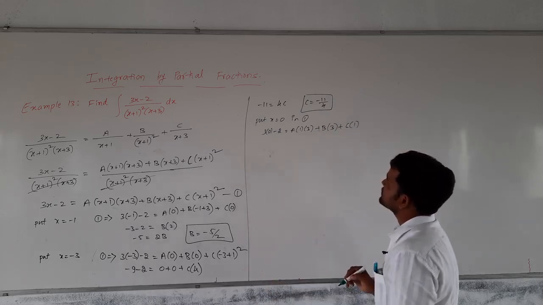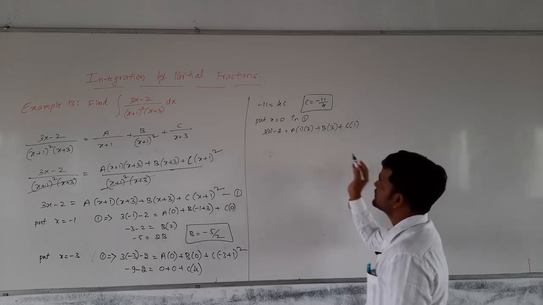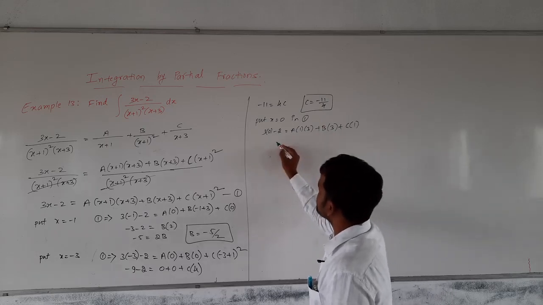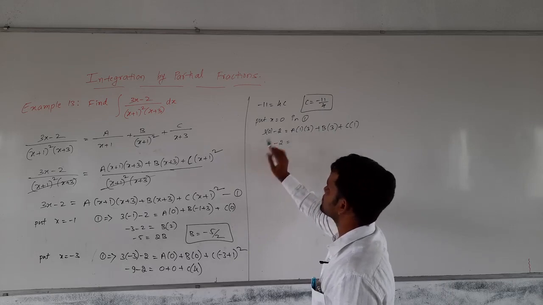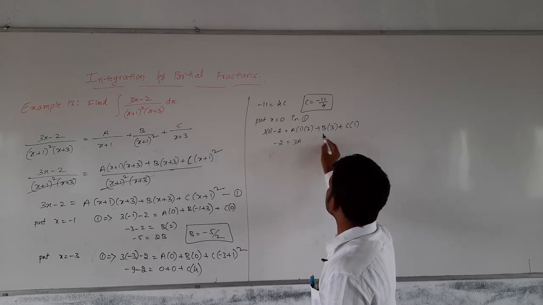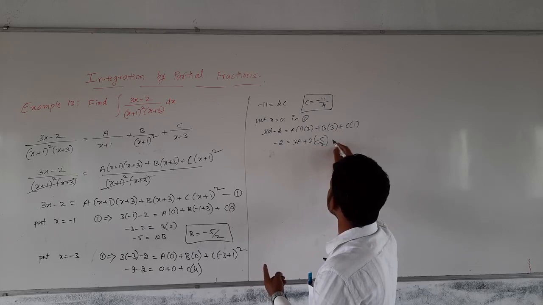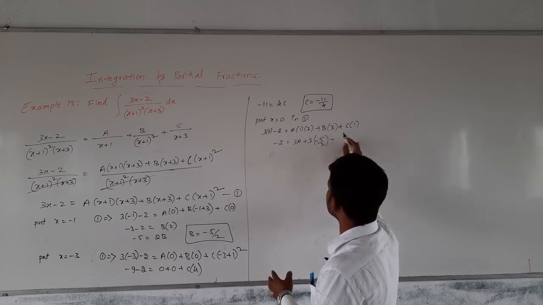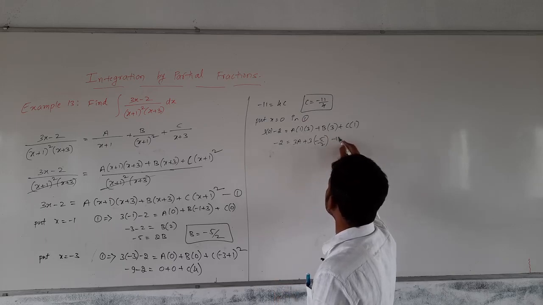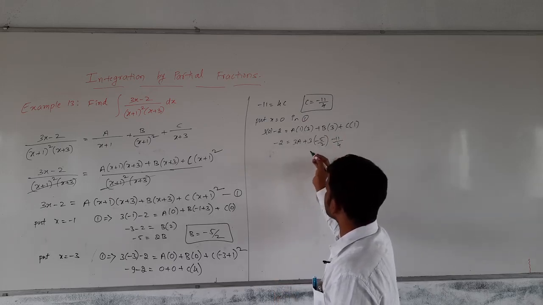In this we know the value of b and c. We are finding the value of a. This is −2 is equal to 3a plus 3b, 3 into what is b? b is −5/2, substitute that, plus 1 into c. What is c? c is −11/4. I am substituting that. We need to simplify it, that's all.